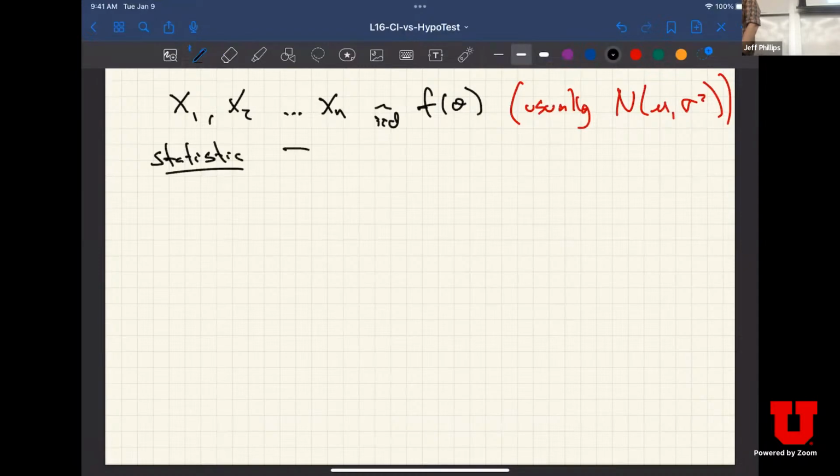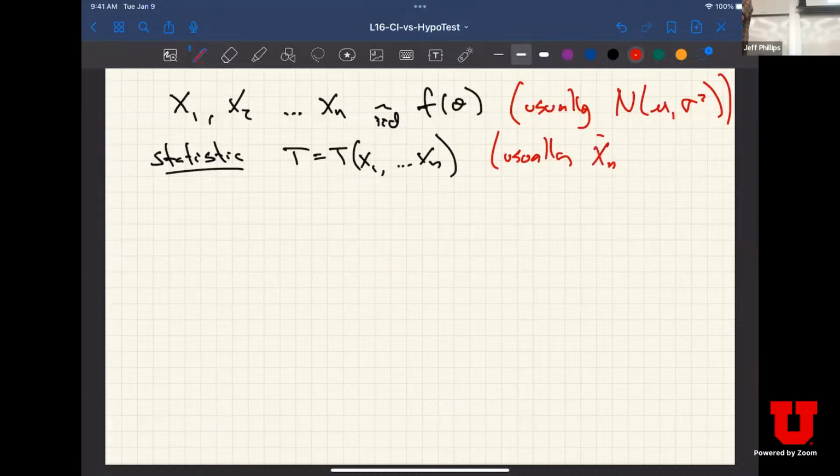And this will be T, which will be a function of x1 up through xn. Usually we're going to have this as xn bar, which is 1 over n times the sum, the average of all of those xi values.